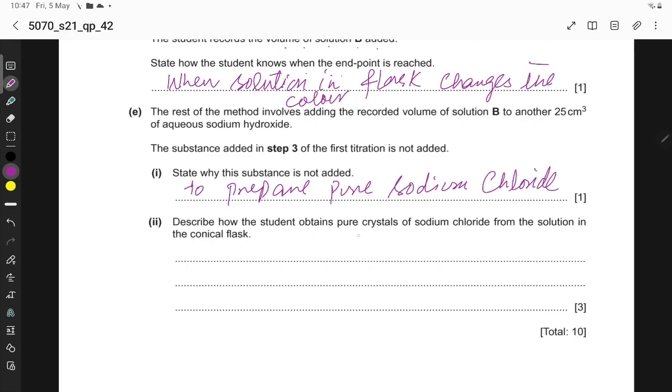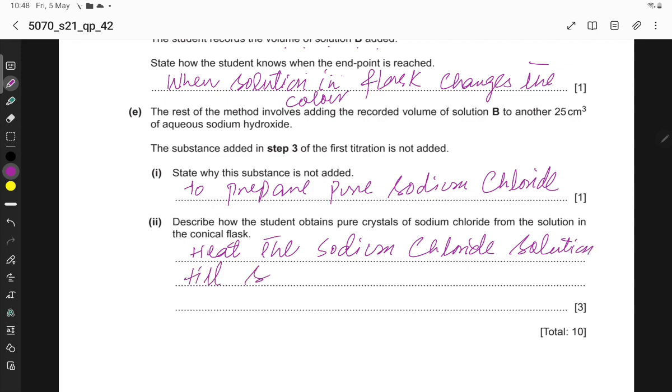Describe how the student obtains pure crystals of sodium chloride from the solution in the conical flask. Heat the sodium chloride solution till saturation point.